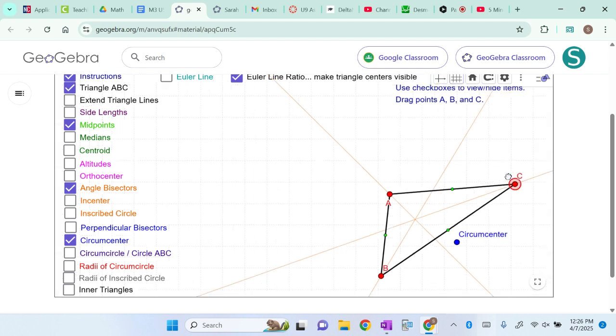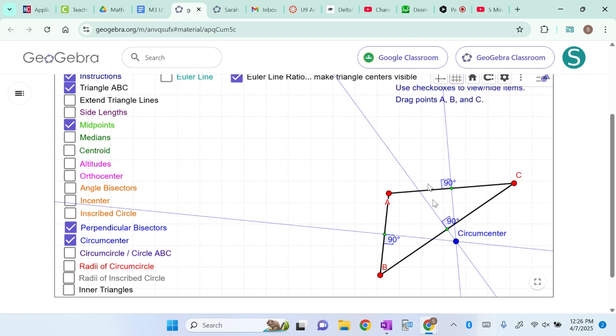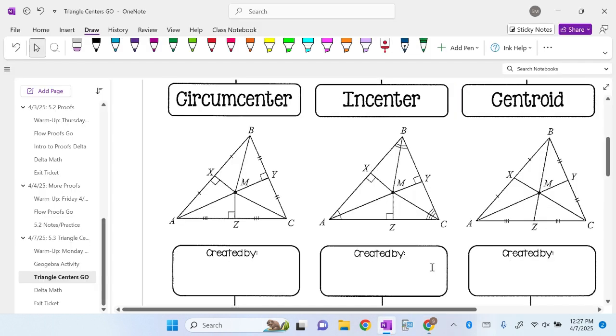I know it's light, but it's actually no. Then the perpendicular. Do these lines go through the circumcenter? So these are formed by the perpendicular bisectors.